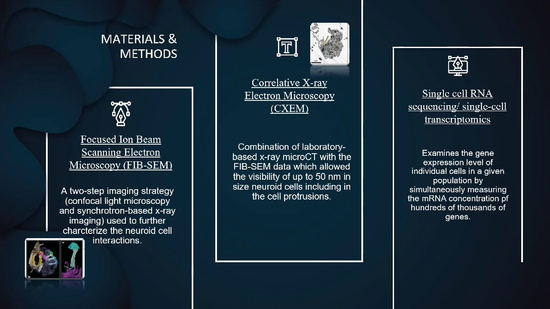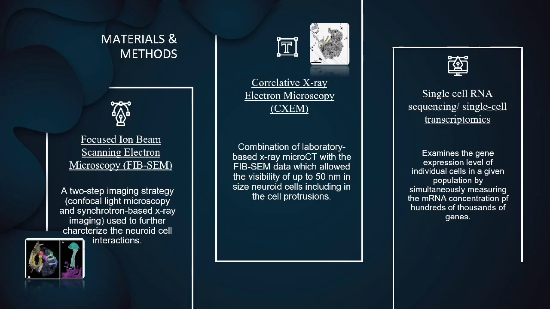Then we have focused ion beam scanning electron microscopy, or FIB-SEM, which is a two-step imaging strategy, a combination of confocal light microscopy and synchrotron-based X-ray imaging, used to further characterize the neuroid cell interactions.